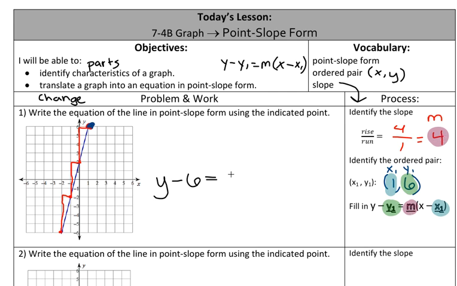So m is 4 times the quantity of, so that's that parenthesis, x. Okay, this is a positive 1. There you go. Positive 1, and the opposite of a positive 1 is a negative 1, so minus 1. Okay? And that's it.